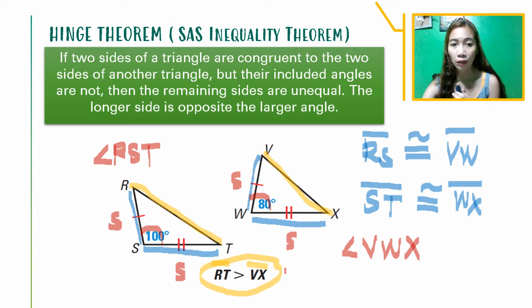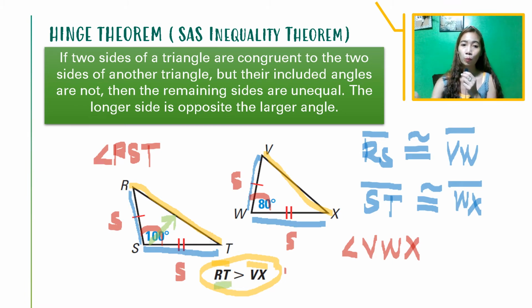Because ang included angle natin sa first triangle is 100 degrees. So that is higher. So opposite that angle is segment RT. So it means which is longer? That is RT. So that's why that is the conclusion.